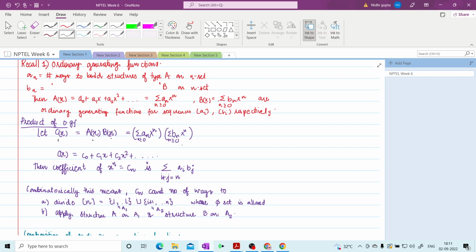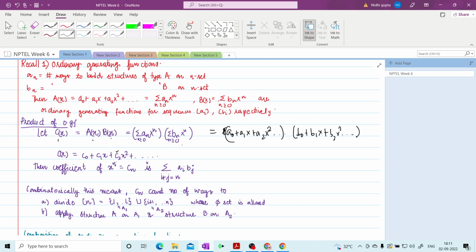The product C(x) is also a power series, and we want to see the coefficients c_n with respect to the coefficients of A and B. So this is a0 plus a1x plus a2x^2 and so on, and this is b0 plus b1x plus b2x^2 and so on.